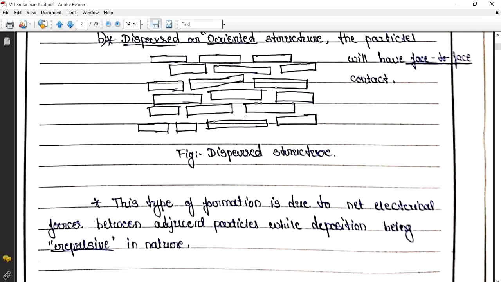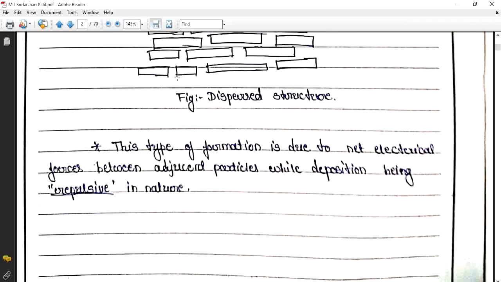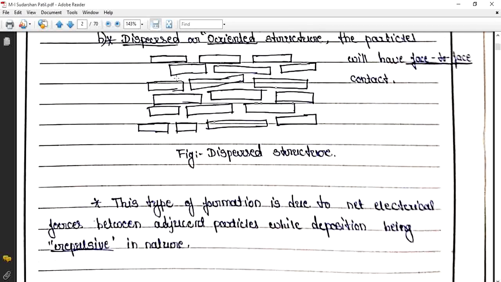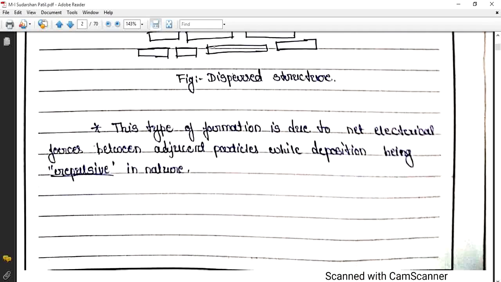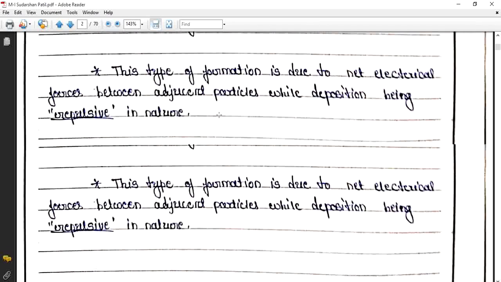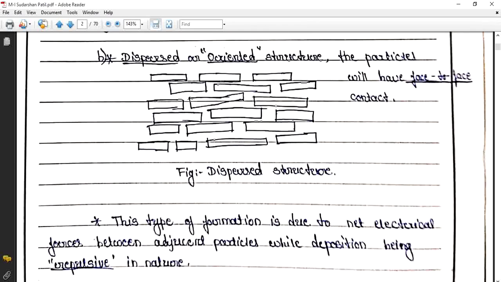Whenever the deposition is repulsive in nature, the particles are going to settle down like this. You can see that due to repulsive forces, edge to edge or face to face, they are not at all going to get connected.